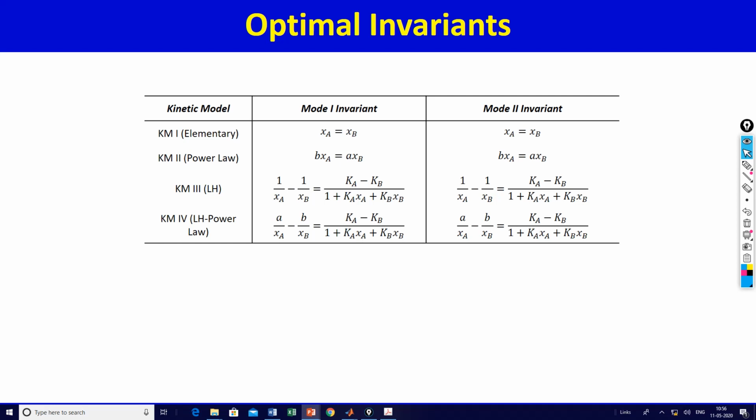I don't know how that will work, but the idea coming out from all this is that even though the kinetics is different in kinetic model 3 and kinetic model 4, if the right hand side is small, A by B ratio is actually nearly optimal. So an economic CV that comes out of this analysis is holding the A by B ratio in the reactor constant, regardless of kinetics.